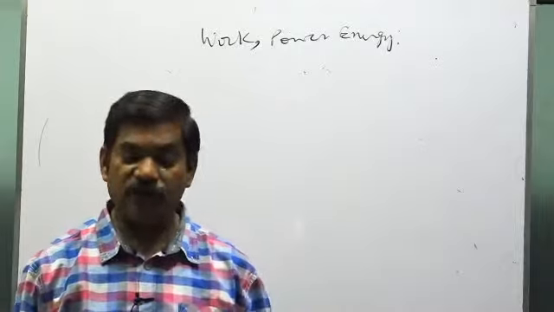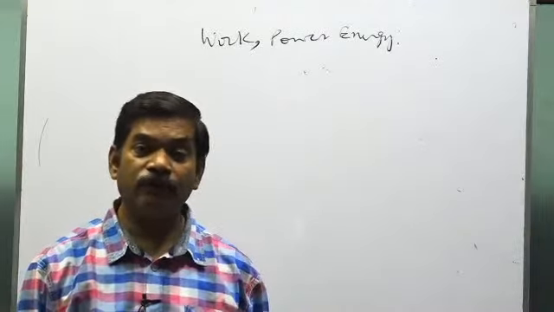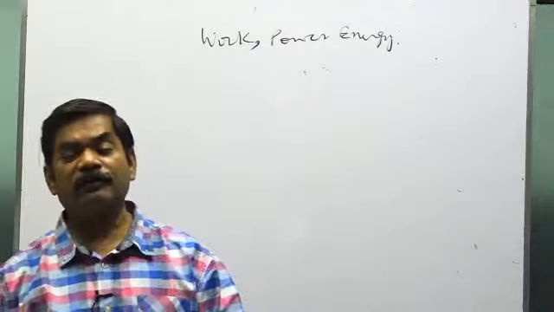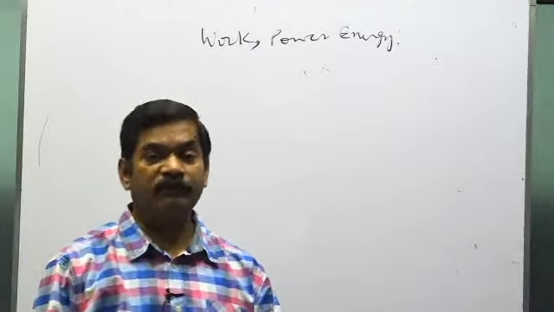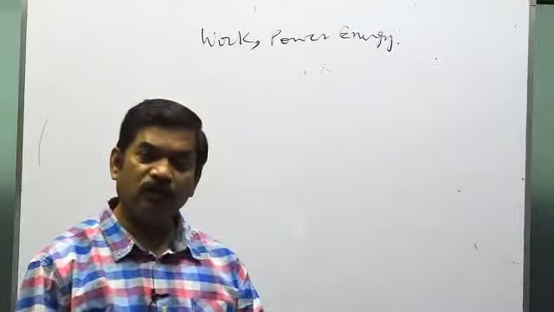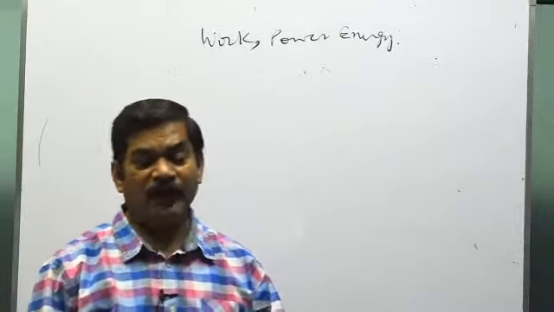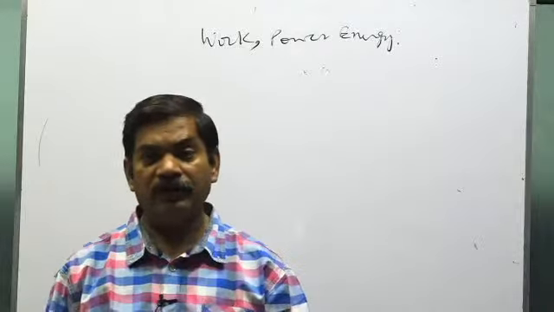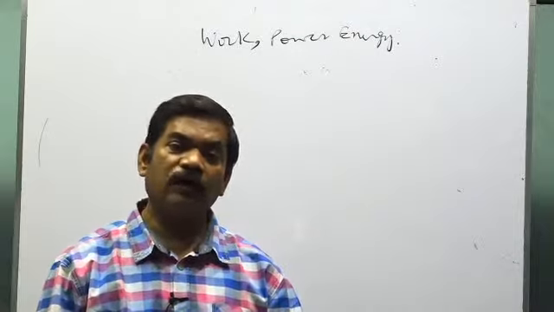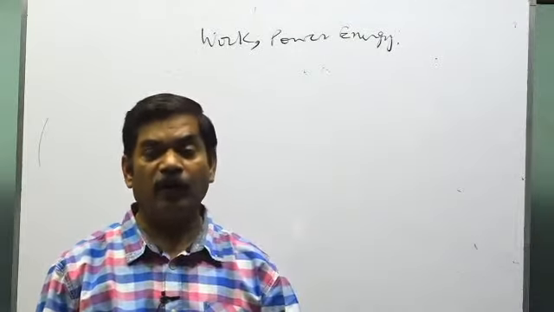So if the initial energy of the body was 100 joules, and 50 joules of negative work is done on it, its final energy will become 50 joules. Because 100 joules was the initial energy, and 50 joules of energy has been withdrawn from the body, the final energy of the body becomes what?